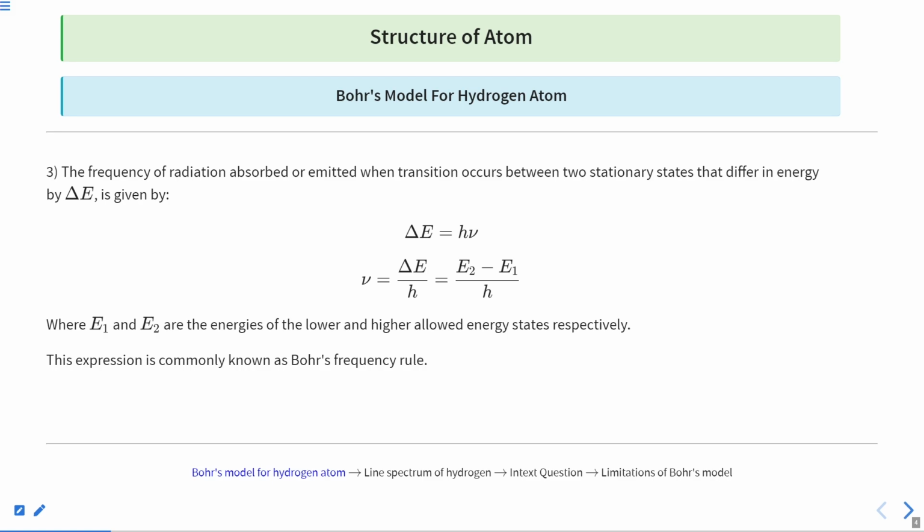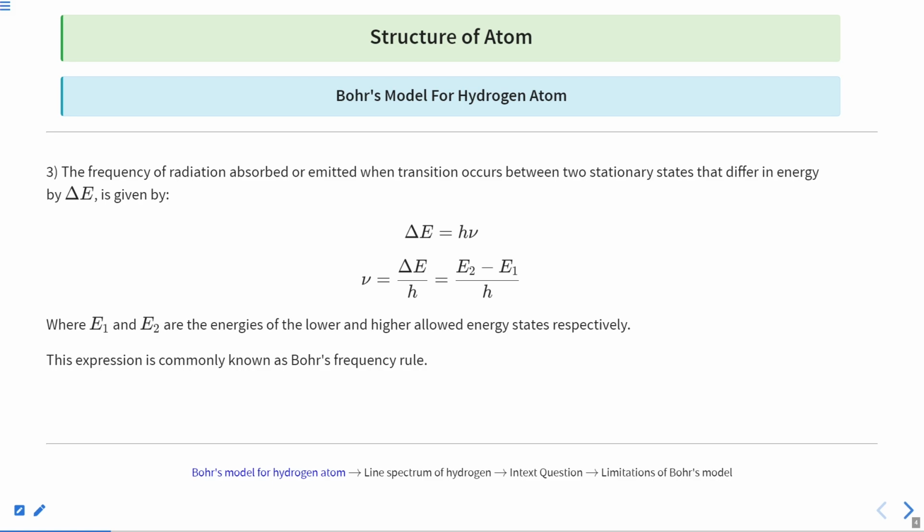So there is a difference. Suppose there is one stationary state, a second stationary state, a third stationary state. There will be a difference in energy. Now suppose we radiate the atom with light. They will absorb electromagnetic radiation, or light of a certain frequency, such that the transition can be made.